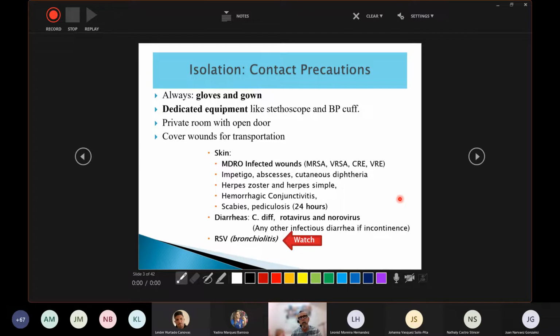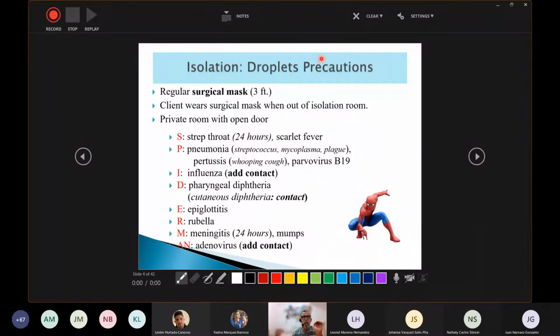Probably you heard or studied that if it is demonstrated that two clients have the same disease requiring, for example, contact, droplet, or airborne precaution, and it is demonstrated that they have the same bug, the same bacteria, and the bacteria have the same antibiotic sensitivity, okay, susceptibility, they can be cohorted in isolation.